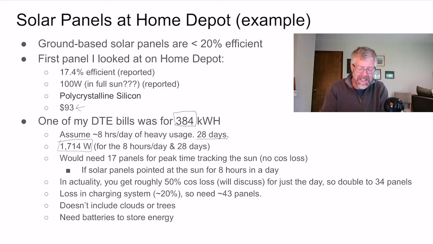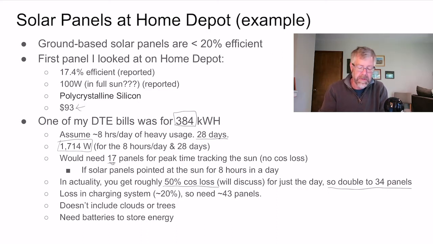So I would need about 17 panels for the peak time tracking of the sun. Basically, if I had all 17 panels pointed at the sun all throughout the day for 8 hours, that would work. But the problem is that you get roughly a 50% cosine loss, which I'll discuss, during the day. And so you need to double the number of solar panels to about 34.